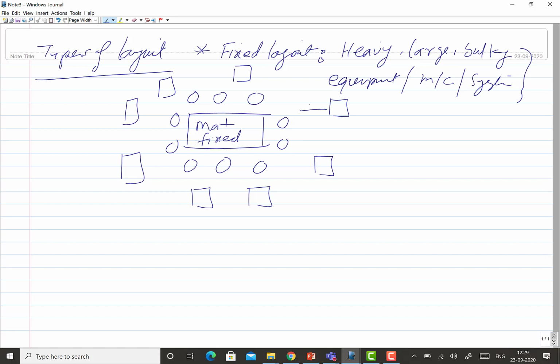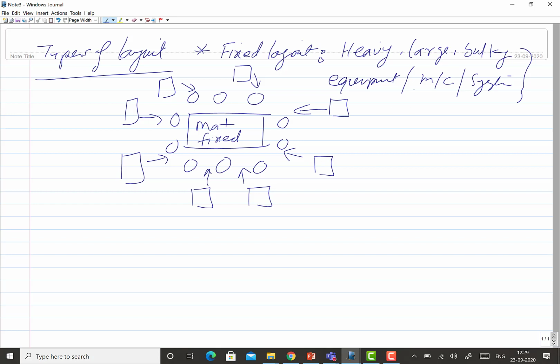So all these facilities will be brought to the material for processing. In the construction of a building, this kind of approach is used, where all the machinery and the man, even material, is brought to a particular location, and then the activities are done.